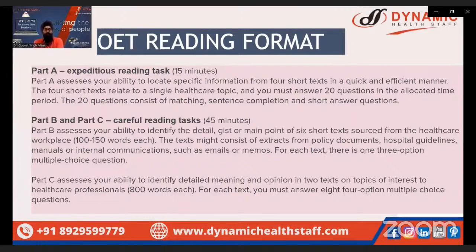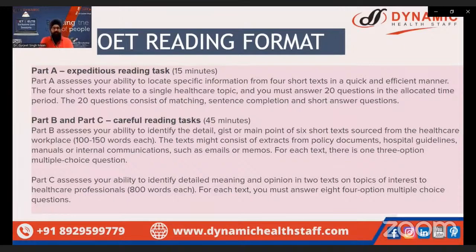Part B will be 6 short texts, and for each text there will be 1 multiple choice question with 3 options. The context can be a policy document, hospital guideline, manual, or internal communication such as emails. You have to solve 1 multiple choice question with 3 options.